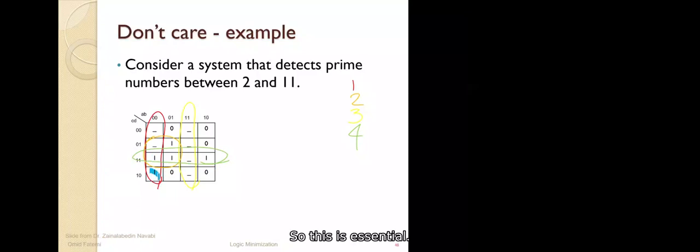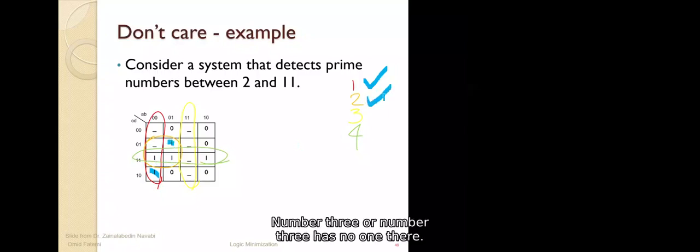So this is essential. Number 2 is the orange one. This is covered, this is covered, this, no, nothing is covering this one. So this is good. Number 3 has no one, so we don't use it.